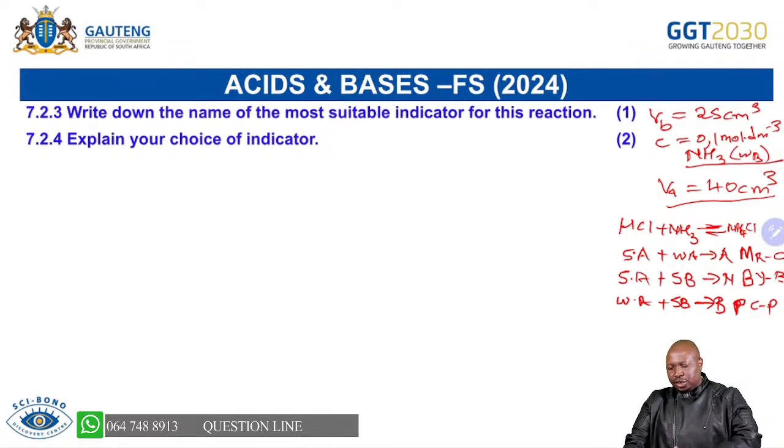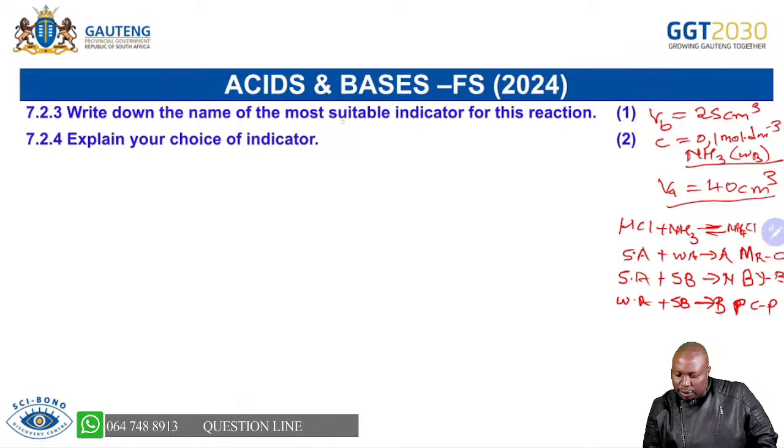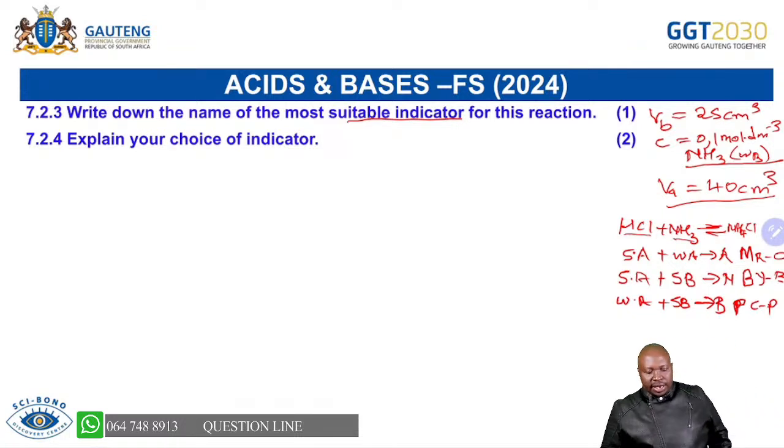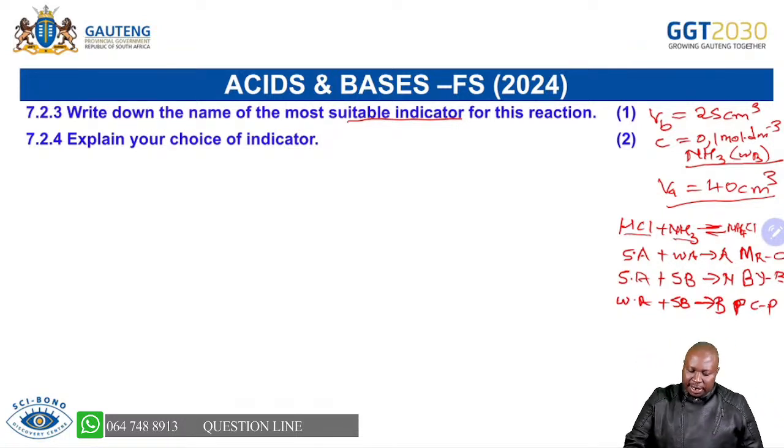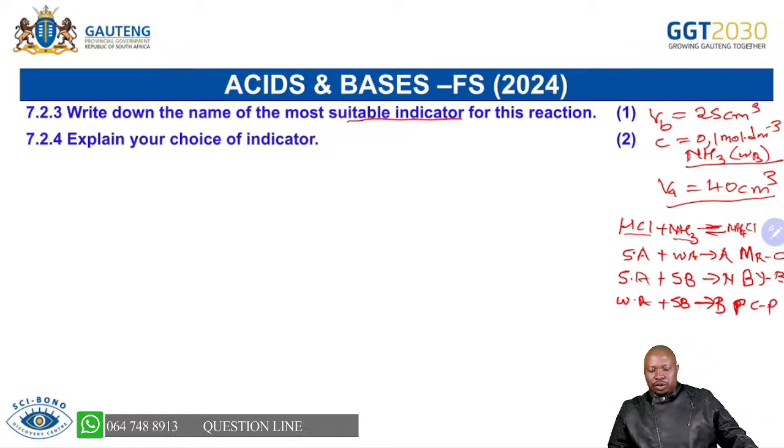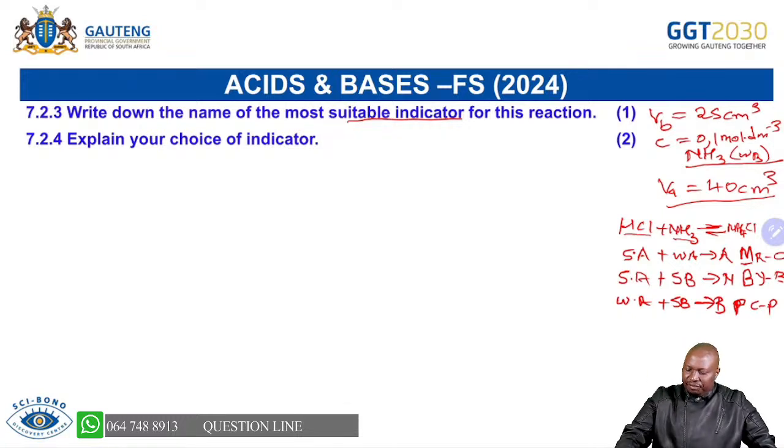Maybe in other questions you'll be asked, but in this one, we are only asked about the suitable indicator for this reaction, the reaction between the strong acid, HCl, and the weak base, ammonia. So the question is saying, write down the name of the most suitable indicator, and I've indicated that it will be methyl orange. Give a reason.